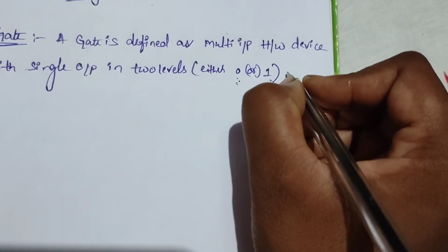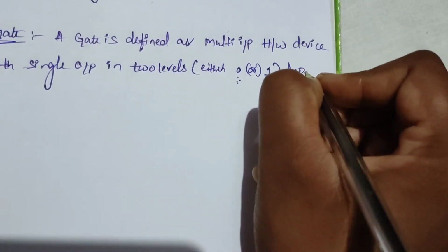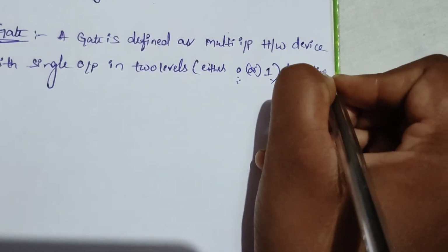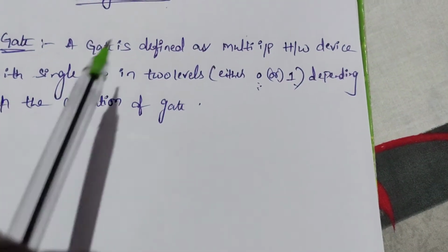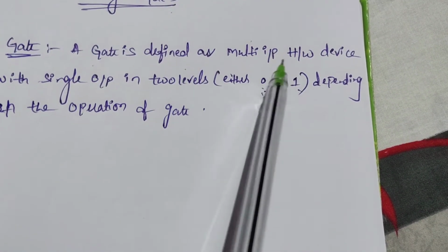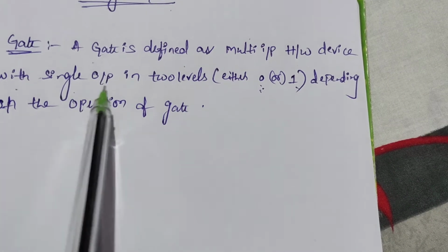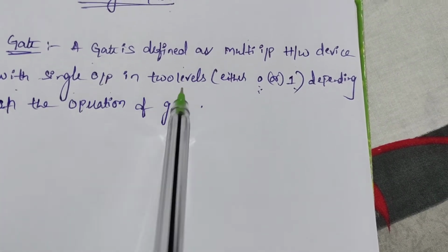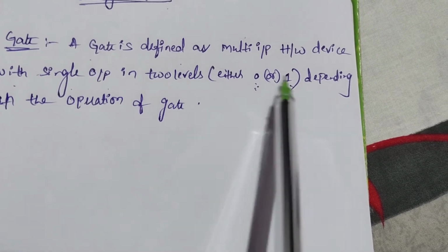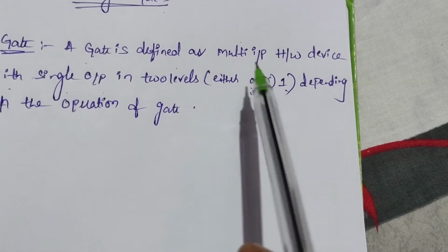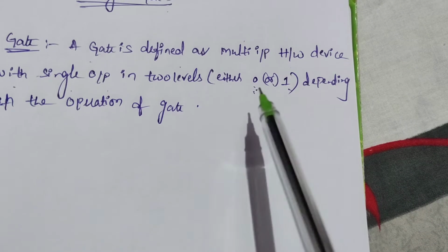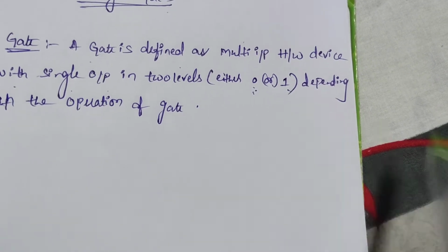The output is purely depending on the operation of the gate. Simply, a gate is defined as multi-input hardware device with single output in any of the two levels depending on the operation of the gate. That means multi-inputs will be there and a single output will be there either in high or low.